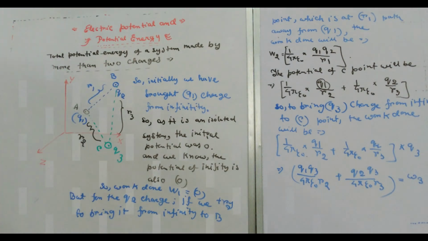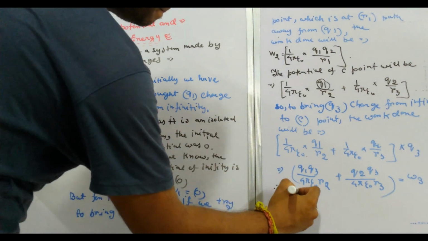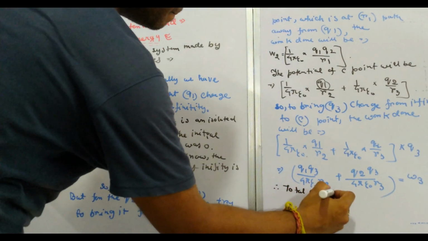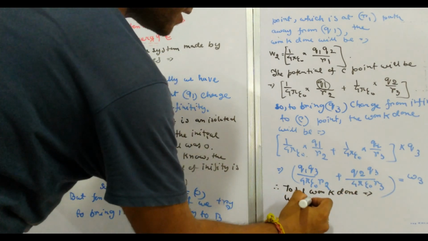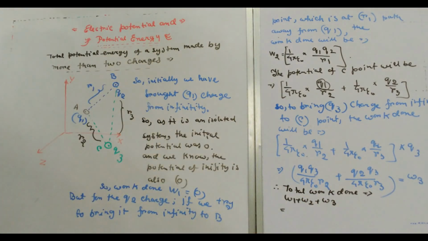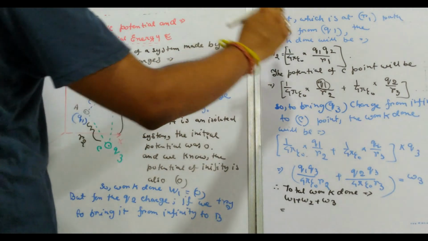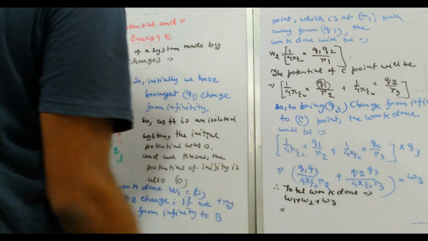To configure the total system, the total work done will be W1 plus W2 plus W3. As we know, W1 is 0, W2 is 1 by 4 pi epsilon naught Q1 Q2 by R1, and W3 is this total amount.